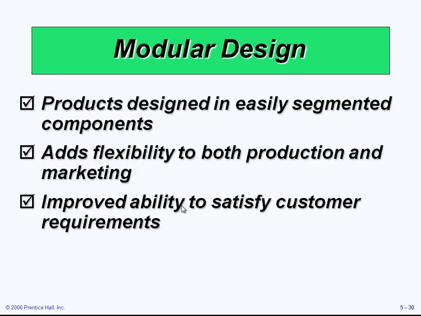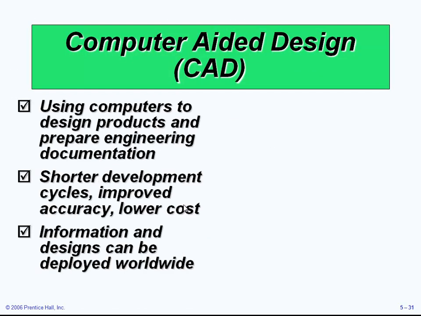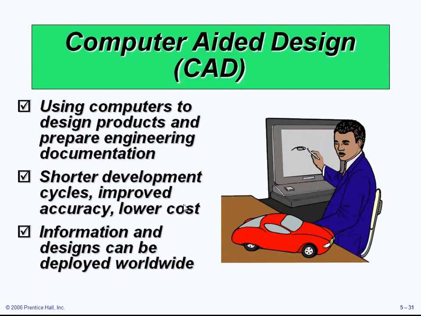Product design in early stages, segmenting components and adding options, will add flexibility to both production and marketing and improve the ability to satisfy customer requirements. Using computers to design products and prepare engineering documentation makes the development cycle shorter, and it will improve accuracy and lower cost.